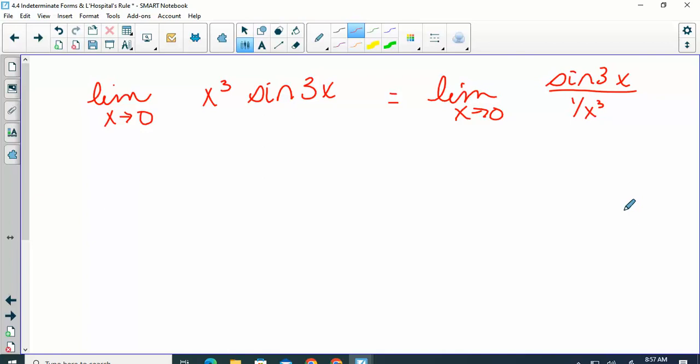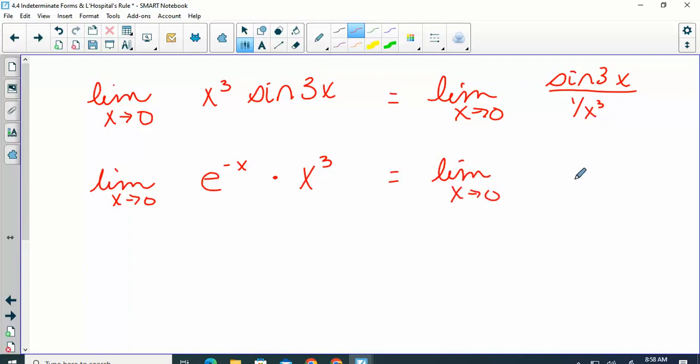If you have something with a negative power in the beginning, so if I have like e to the negative x times something, I'm not necessarily making up problems that work, just so you know. I'm just making up something right now. You have to move one of those to the bottom, but what's a nice one to move?